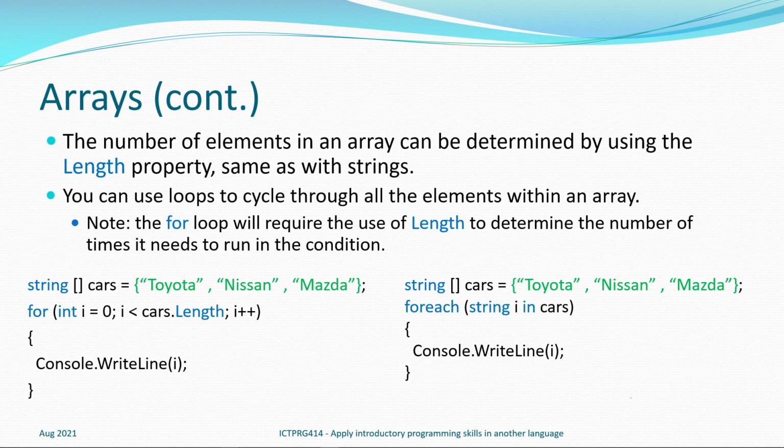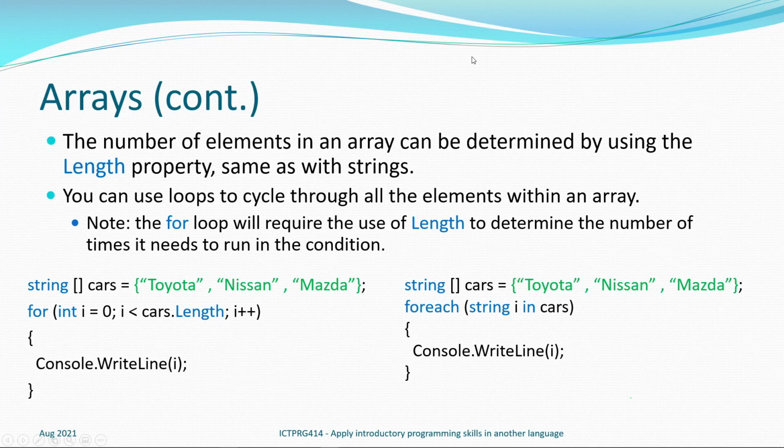So if we want to use the array with the for loop, we need to know how many times to run it through, because a for needs an explicit countdown to use. So it needs to know the length of the array, how many values there are.